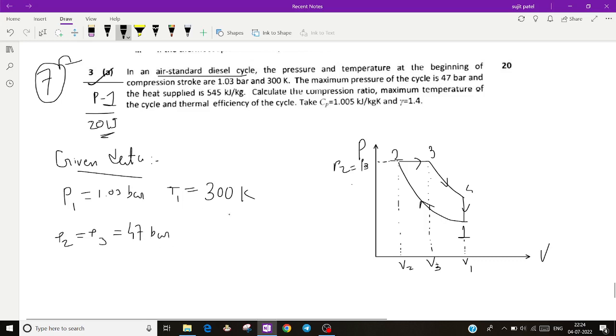Now heat is supplied, 545 kilojoule per kg. So heat addition Q23 is 545 kilojoule per kg.